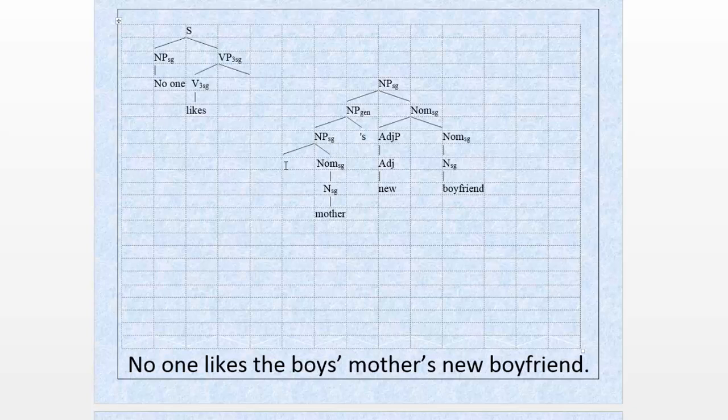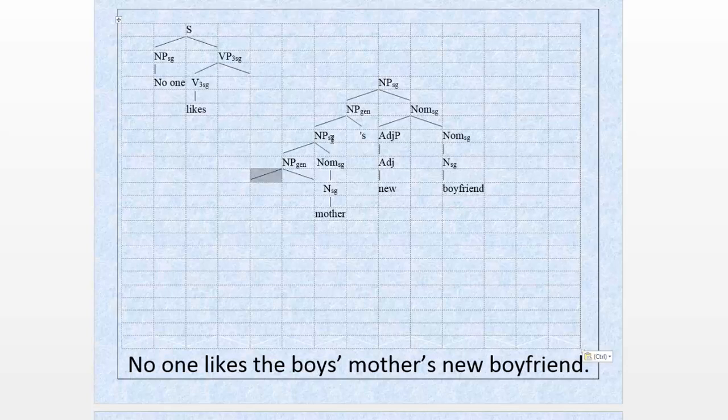Okay, good. Now then, that's a singular count noun, so it needs its own determiner, and what's acting as its determiner? The boys. All right, so here again we just have the boys is plural, so we just end up with the apostrophe marking it as genitive. Okay, and so the NP is going to be plural, right?